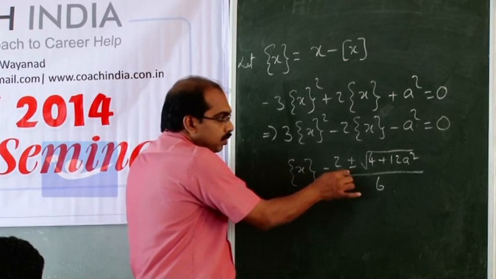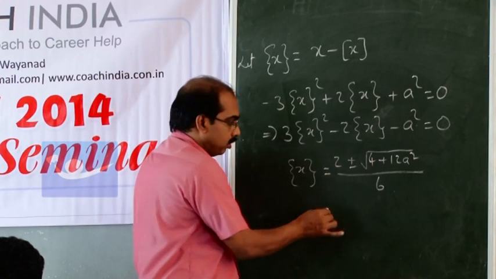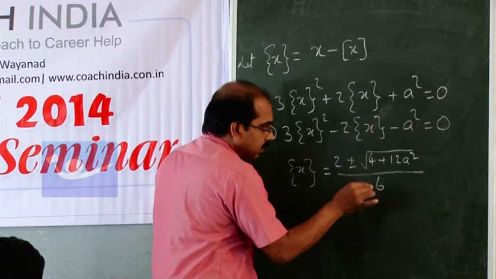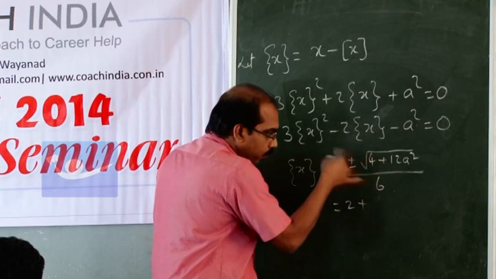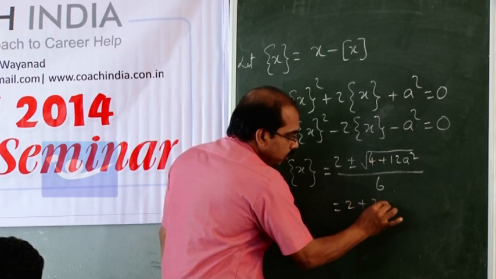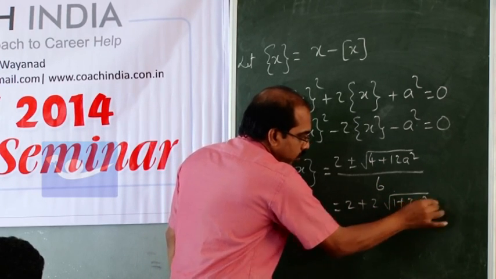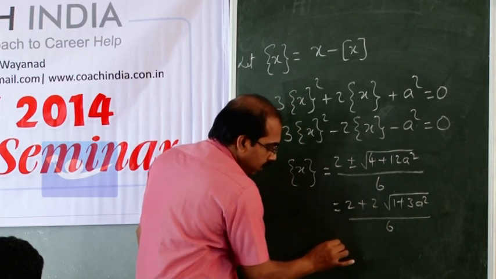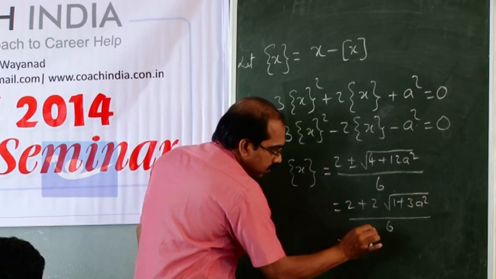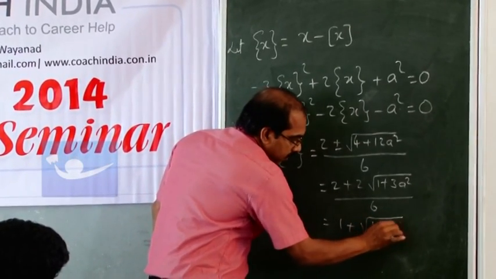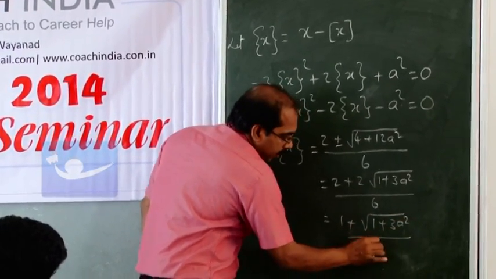Again, this minus part we need not bother. So, it is going to be 2 plus, we can take 4 out, 2 into root of 1 plus 3a square divided by 6, and is equal to 1 plus root of 1 plus 3a square divided by 3.